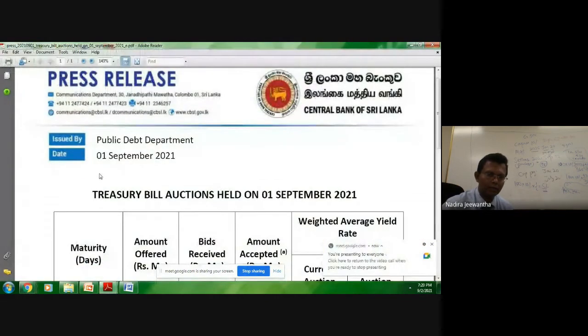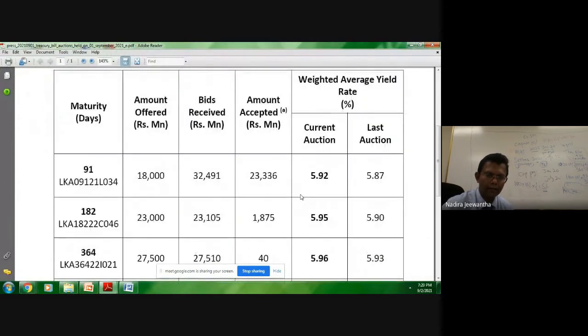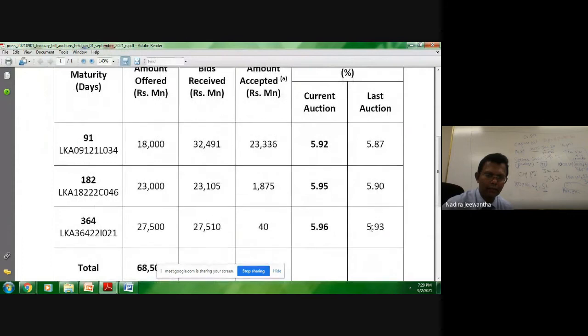This is the latest, yesterday's treasury bill results. I think you can see this. Now, see the rate. 5.93 has gone up to 5.96. 5.90 has gone up to 5.95. 5.87 has gone up to 5.92.